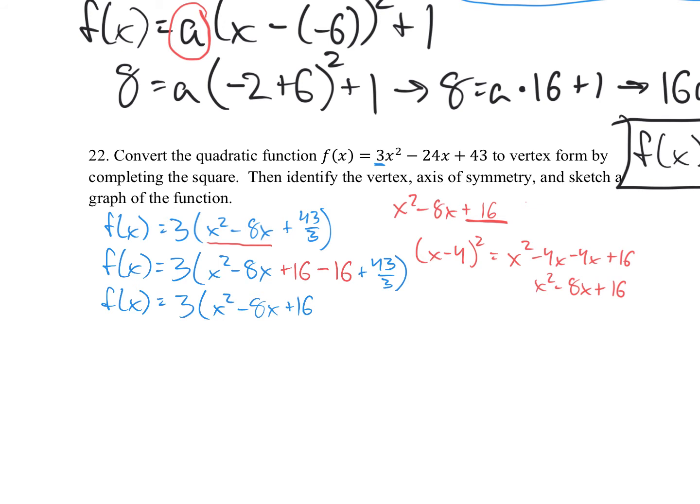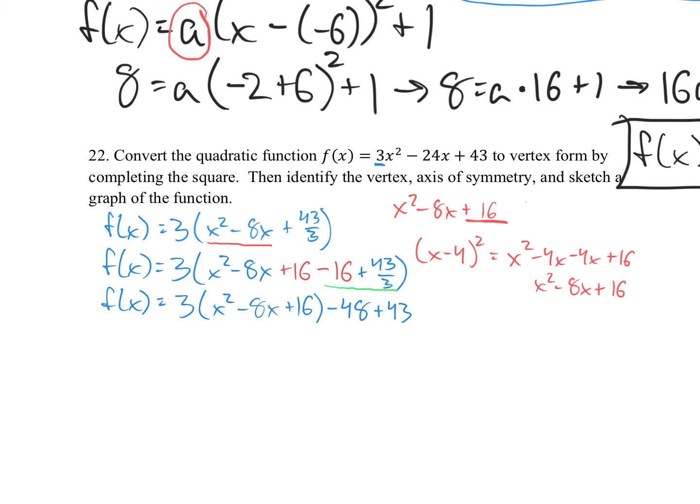Now, the rest of these things, I'm going to underline in green here, we're going to bring out of the parentheses. We have to multiply them by 3 to bring them out. So we're going to have minus 48 plus 43 on the outside of the parentheses.